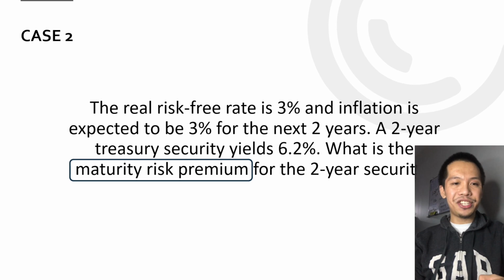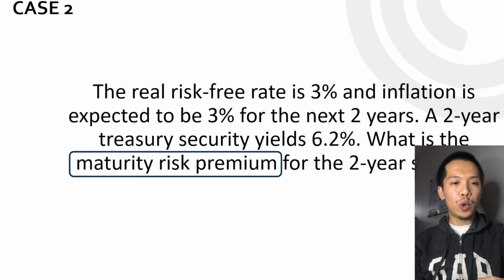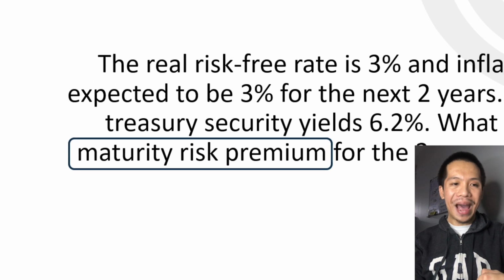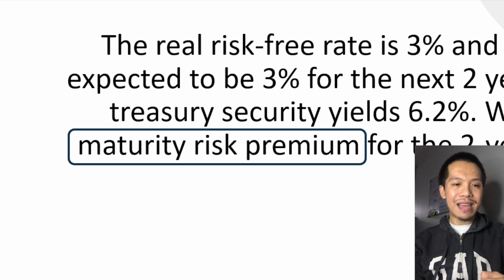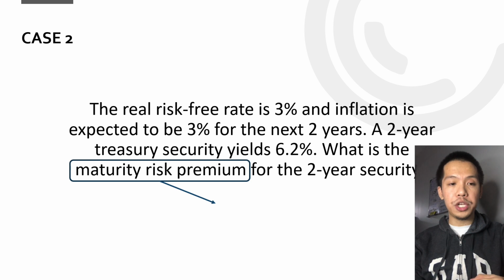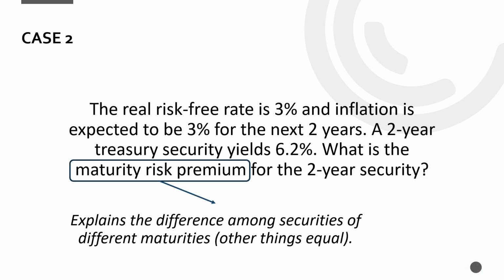Again, Treasury securities have no default risk premiums and no liquidity premiums due to the fact that they are government-backed. This time, it is presumed that the difference between the 1-year and the 2-year Treasury securities is due to the maturity risk premium. The premium is not expected to vary for the next 2 years.